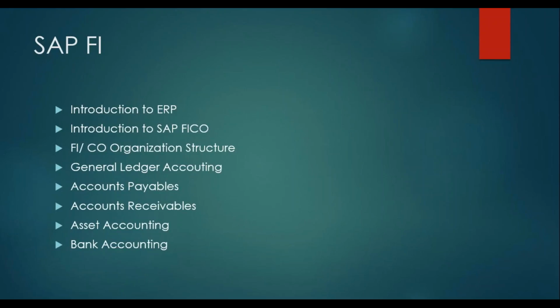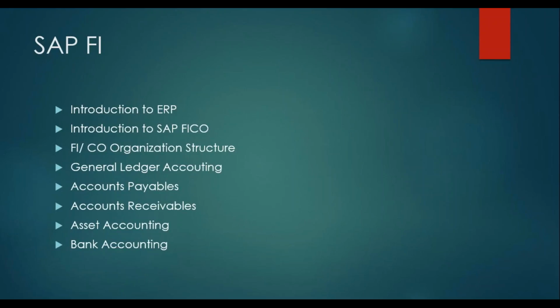Within SAP FI, we'll be talking about all these topics. We are not going to skip any topic that comes under FI. As you can see, we are going to talk about the organization structure and general ledger accounting, which includes both the classic GL accounting and the new GL accounting.